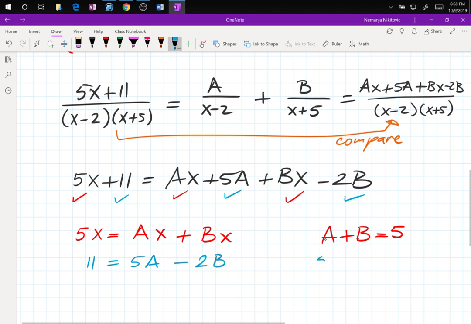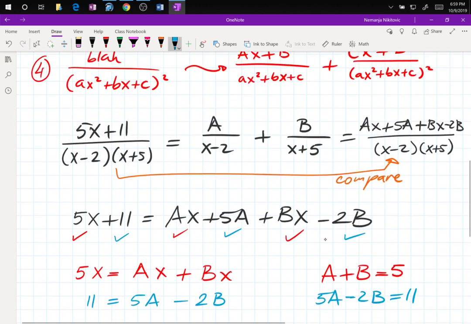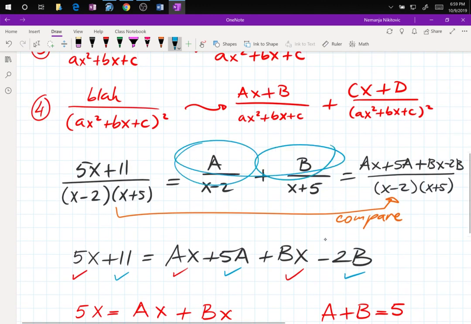From where? 5A minus 2B is equal to 11. And there's your system. System of two equations, two unknowns. And now you have to solve that system. It will give you capital A, capital B, which you will plug in where you have to plug in, and problem is done.